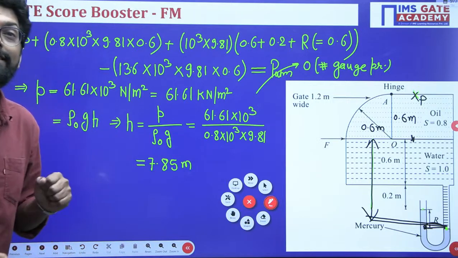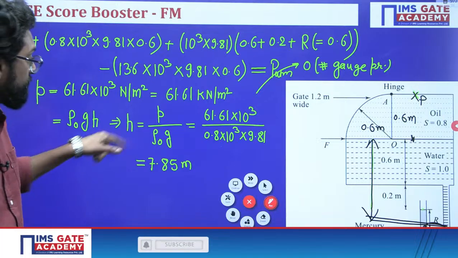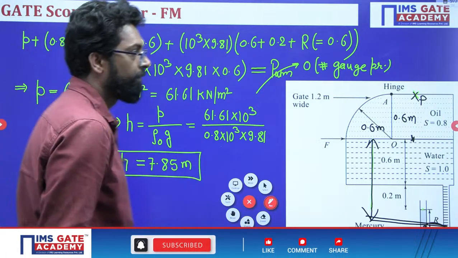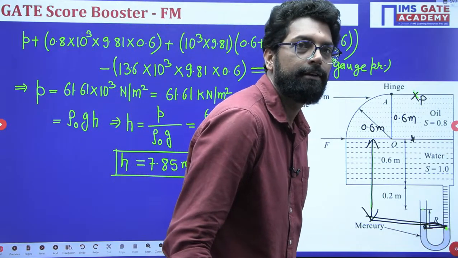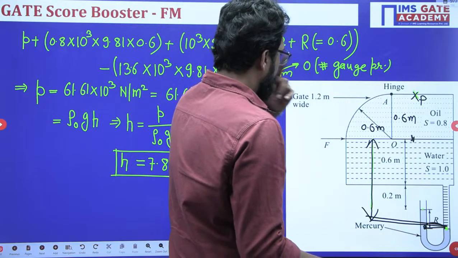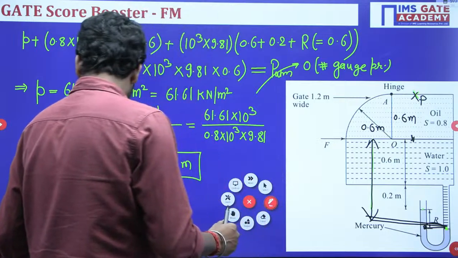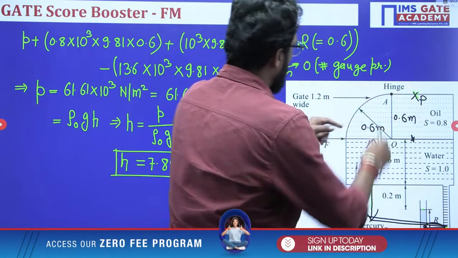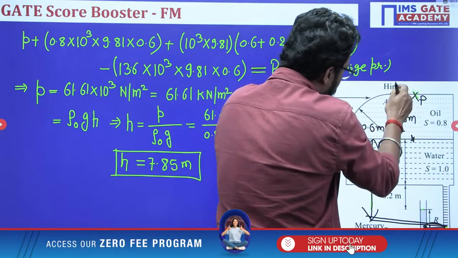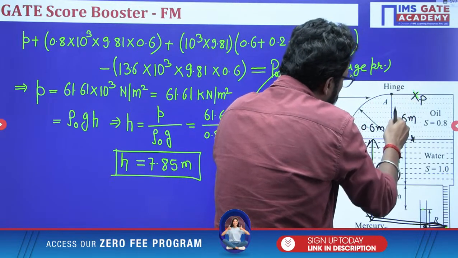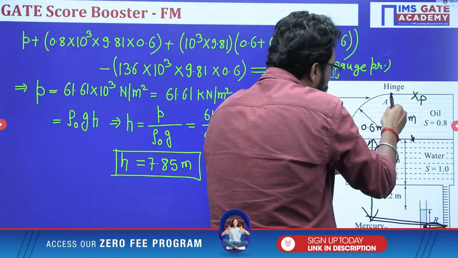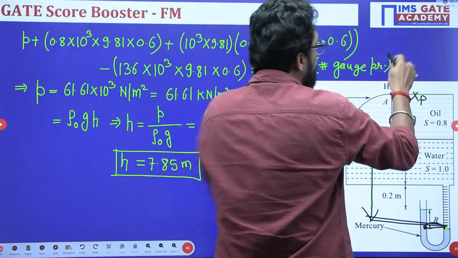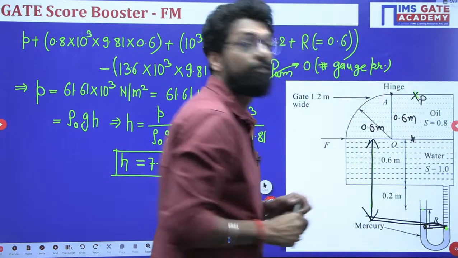7.85 meter. What is this? This is your free surface. This is your h. That means this is your container, so you have to move up from here by 7.85 meter, and that creates the free surface. How?